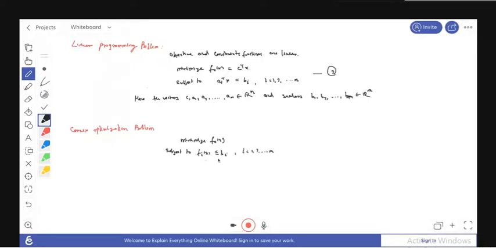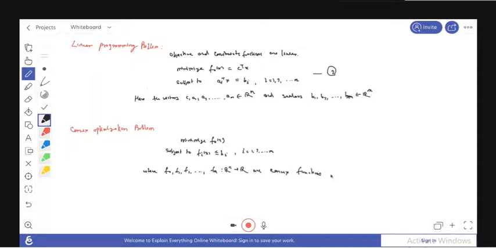All the functions, the objective and constraint functions f1, f2 up to fm, are mappings from Rn to R, and all are convex functions.